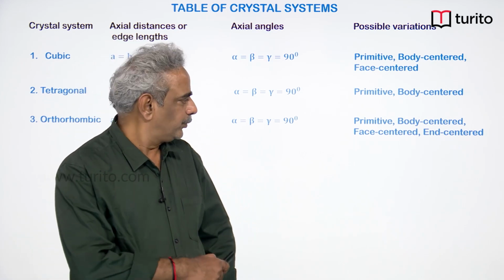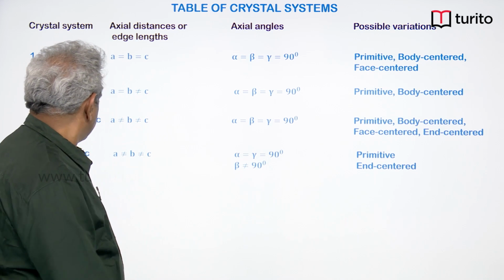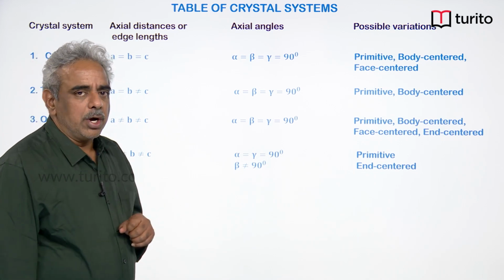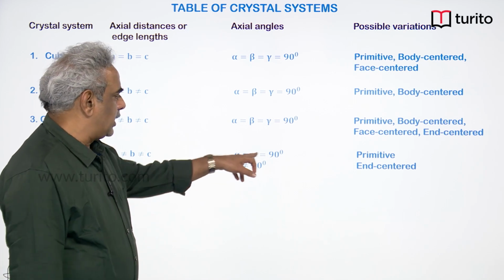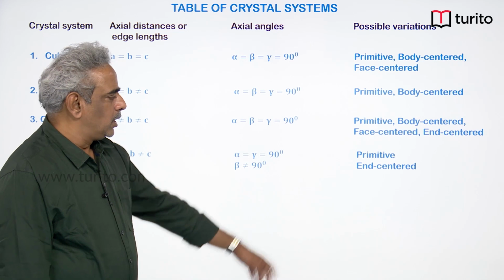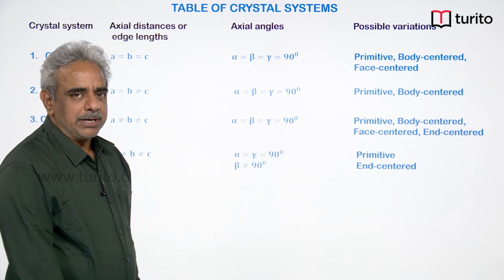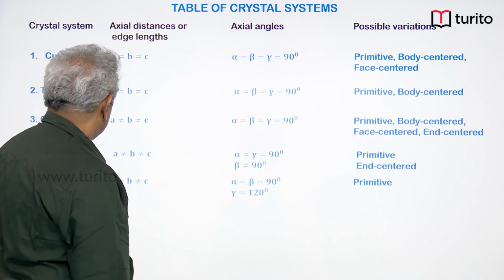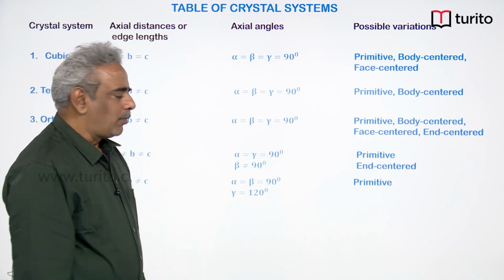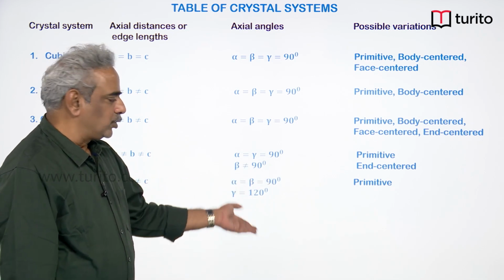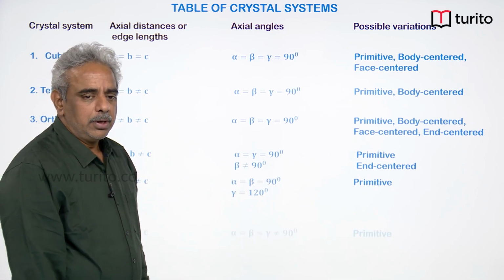unit cells. Now, coming to monoclinic. In monoclinic system, the lengths will not be same, and two angles are 90, one is not 90. You have got both primitive and end centered. All these things you should get by heart. In hexagonal system, you have got two lengths same and one is not same, two angles are 90, one is 120.